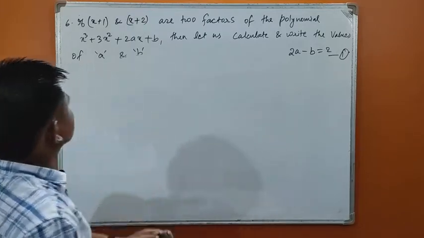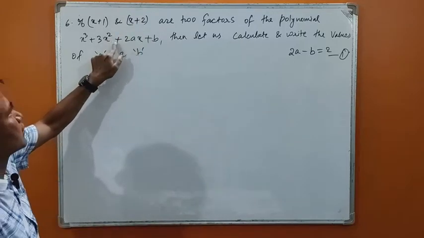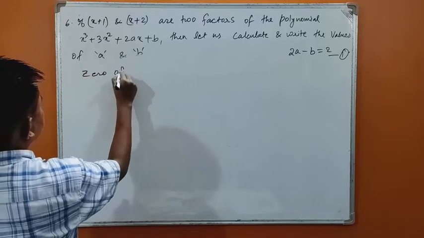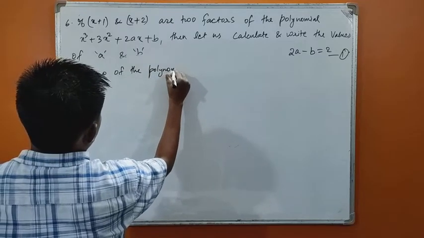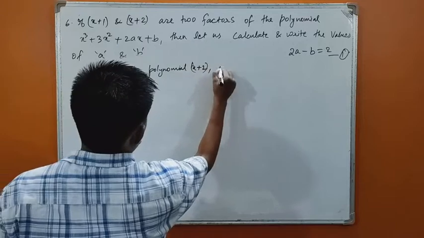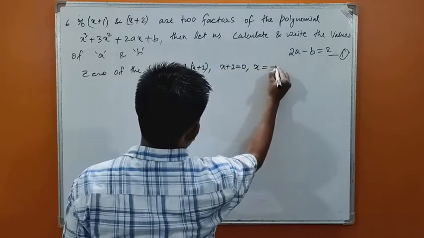Now we have another expression. x plus 2 is also a factor of this expression, isn't it? The zero of the polynomial x plus 2: x plus 2 equals 0, which means x equals minus 2, isn't it?